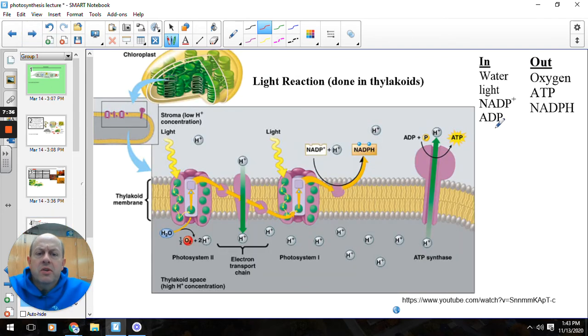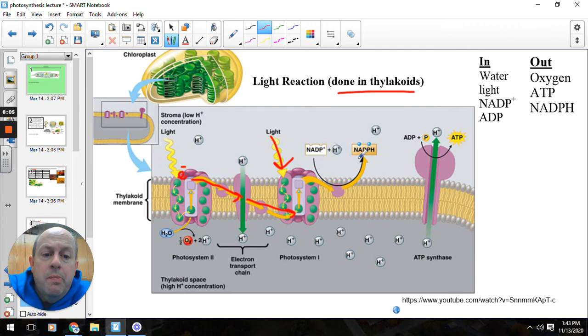So let's take a look specifically at the light reaction. Like we said, it's done in the thylakoids, and it's going to look very similar to the electron transport chain. And so light shines, and it hits our pigments, molecules like chlorophyll, and it bumps electrons off. And so those little electrons get bumped and kind of pushed through the series of proteins by light, kind of driving that.